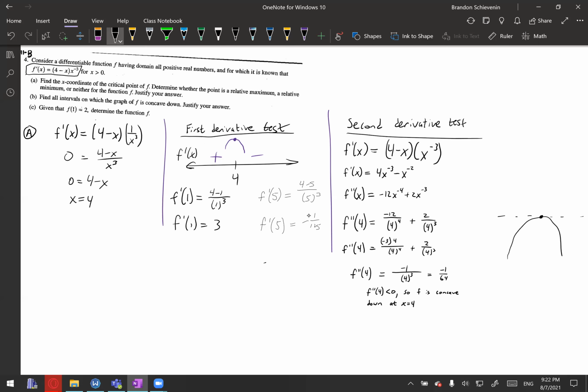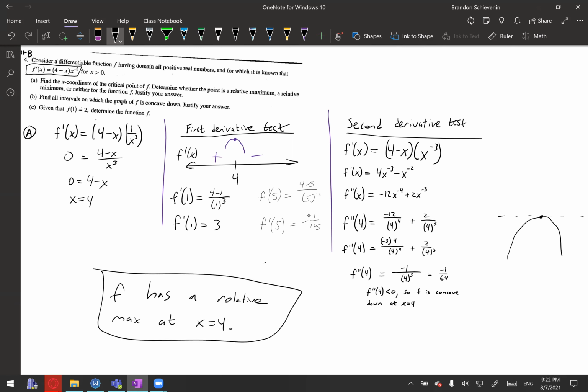Determine whether the point is a relative maximum, minimum, or neither. Okay, so f has a relative maximum at x equals 4. And then my justification would either be the first derivative test or the second derivative test.